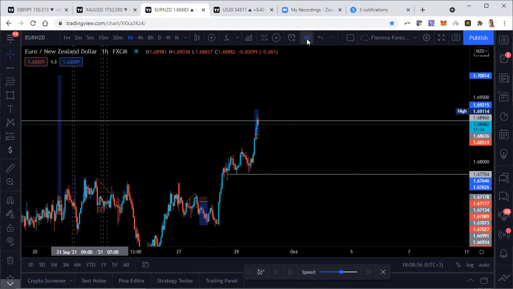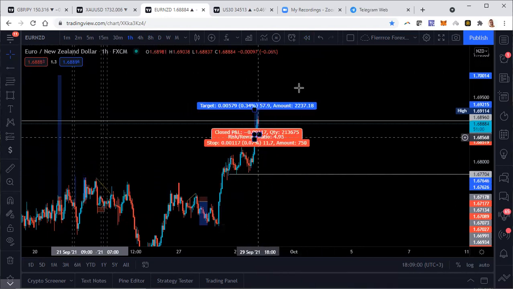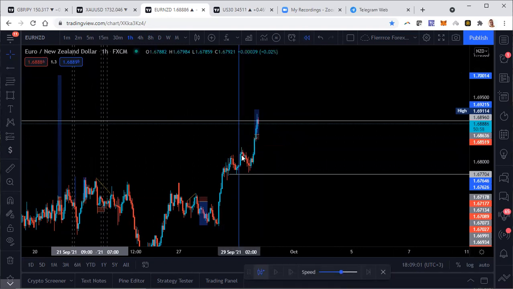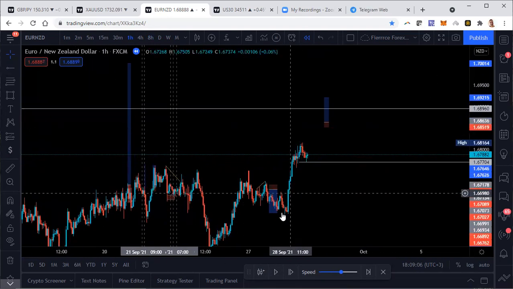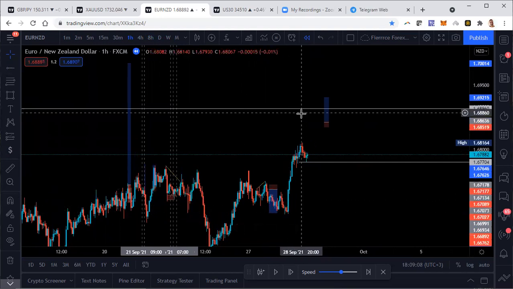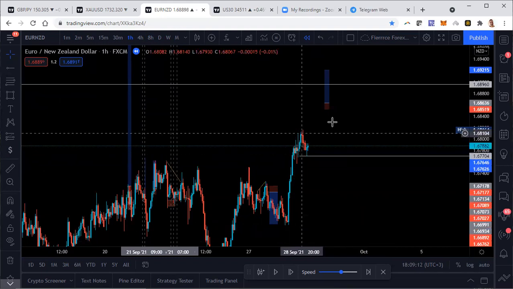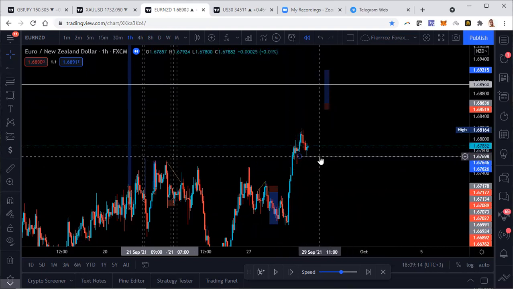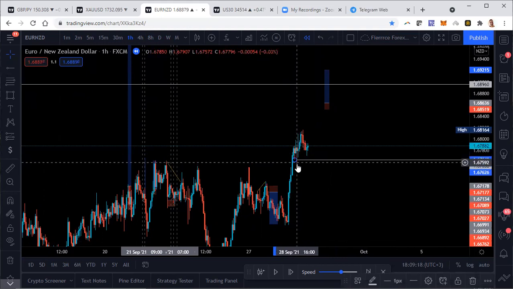So let's say, for example, I was looking at this from this perspective, and I really don't know what's going to happen. What I'm seeing is that price pushed up aggressively. These are consecutive bullish candles. And then what I see is there was a bit of a rejection at some point and price formed.